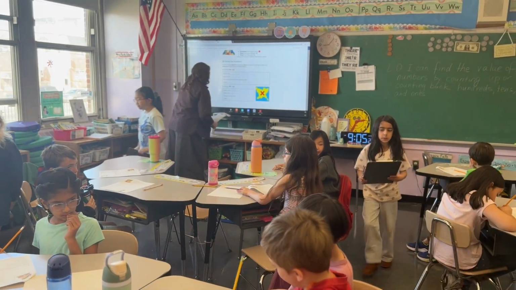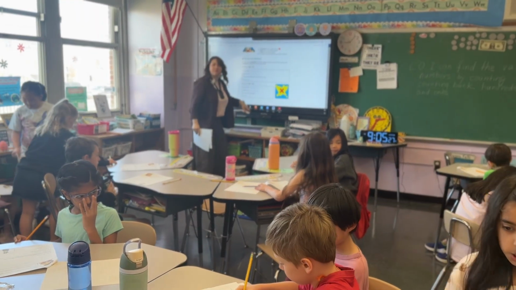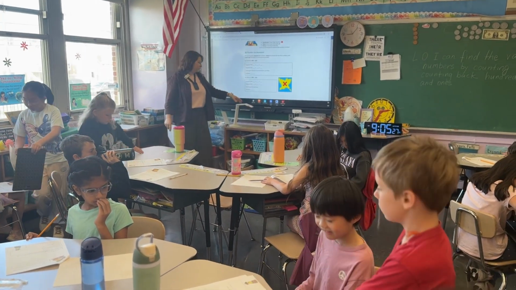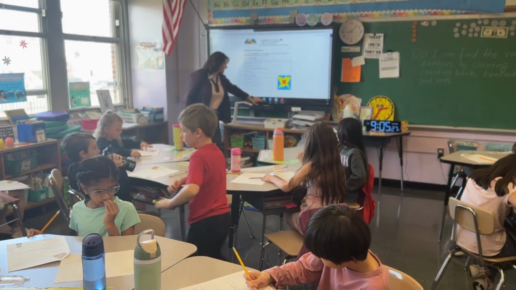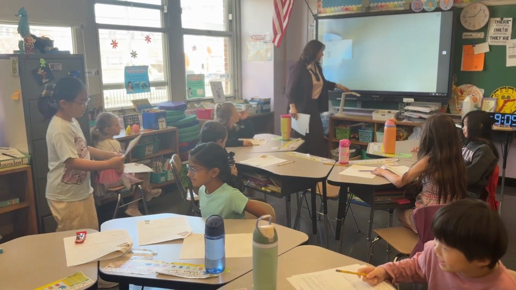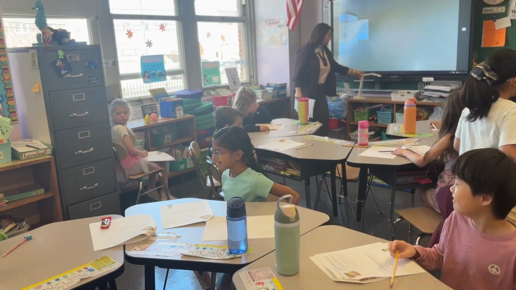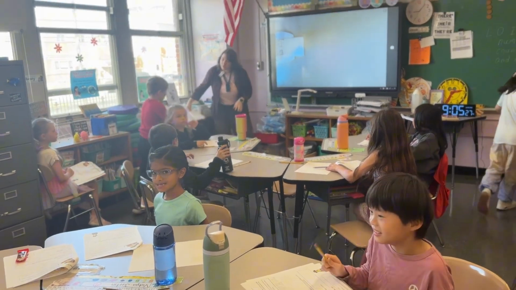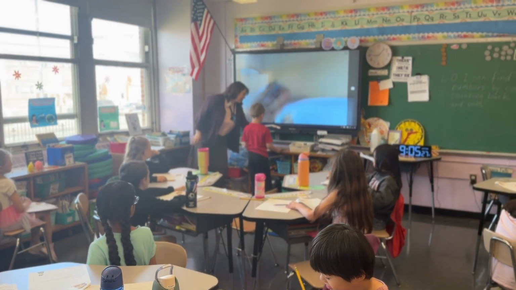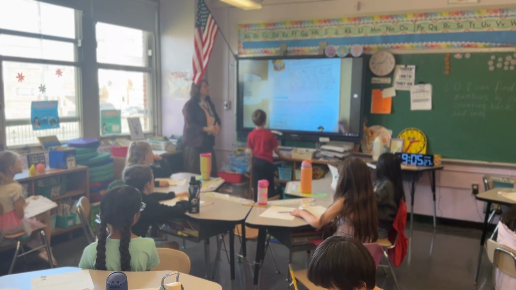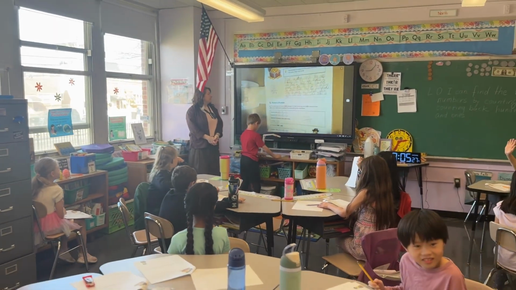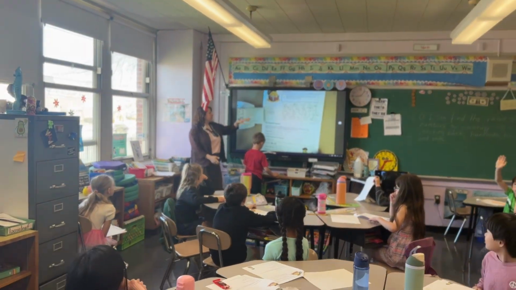Since we have an expert, Michael, would you like to share your thinking with the class? Yes. Show us your way. Okay. So tell us, what did you do for the first one?